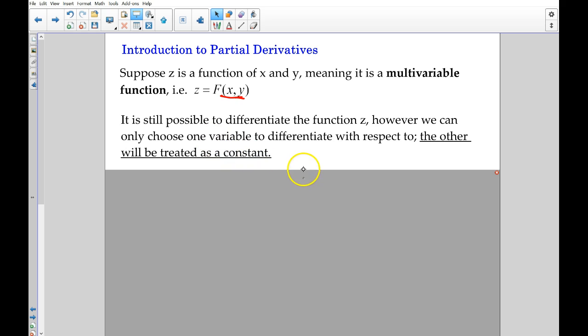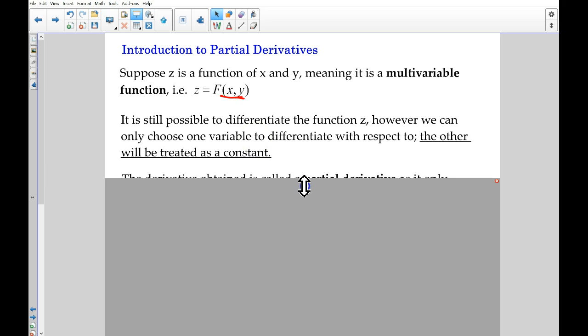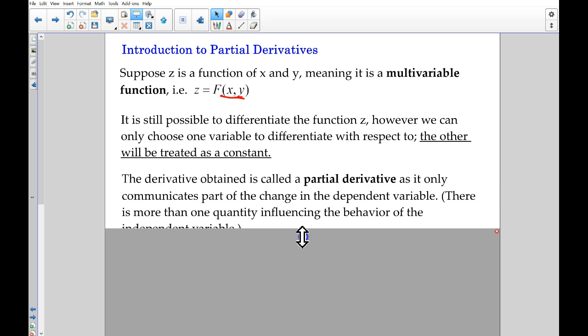So what we want to think is, what is the rate of change in z as, say, x changes? And when we look at just one variable, how it changes with respect to one variable, the other variable we think of as constant. So we think of it as not changing, as it's a fixed value.